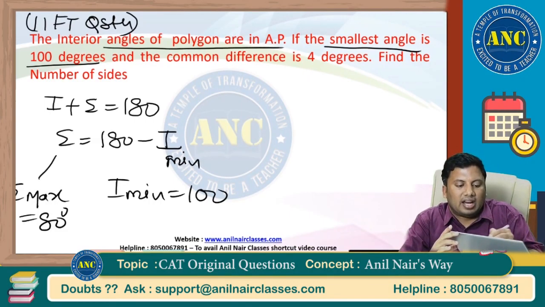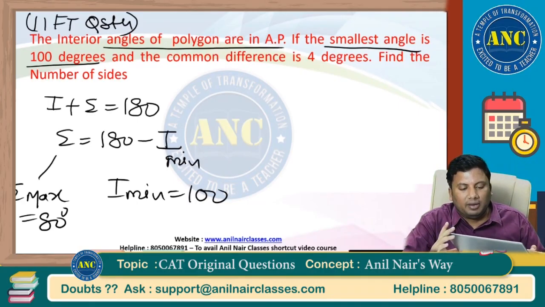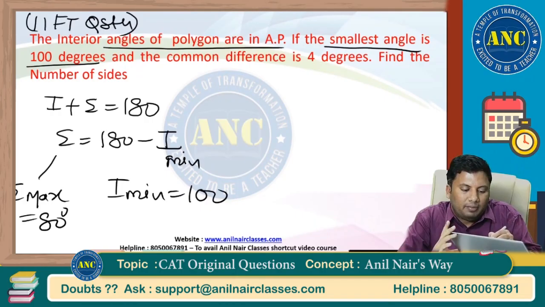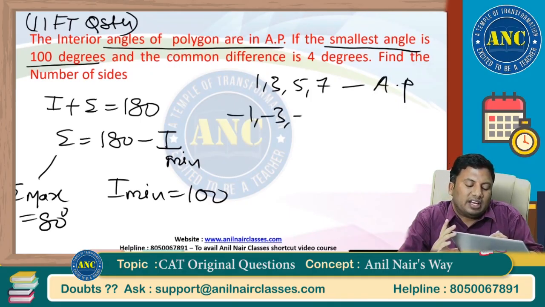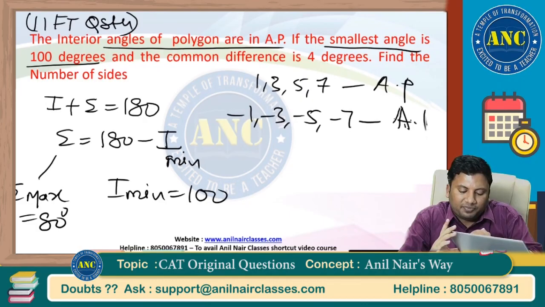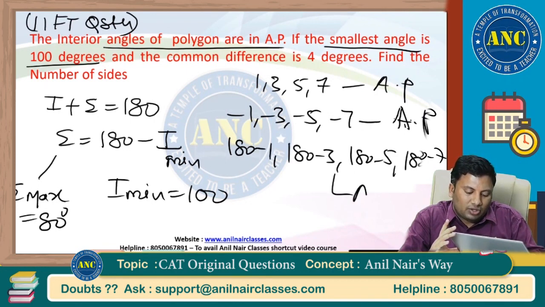The angles are in AP. If the interior angles are in AP, the exterior angles will also be in AP. Why? Because 1, 3, 5, 7 is in AP. Minus 1, minus 3, minus 5, minus 7, it is also in AP. 180 minus 1, 180 minus 3, 180 minus 5, 180 minus 7, it is also in AP.